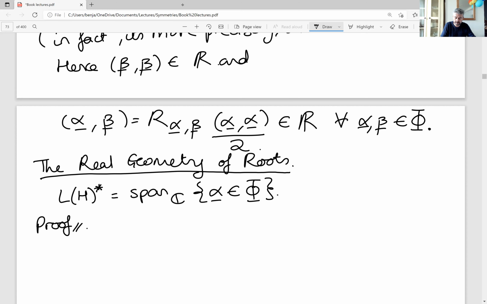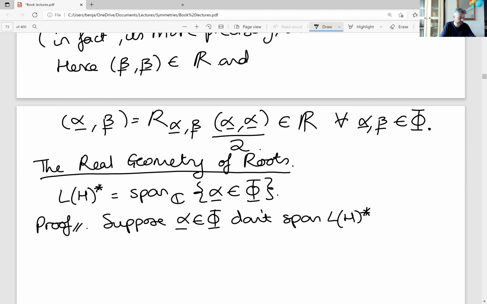Let's suppose that these alphas don't span the dual space to the Cartan subalgebra. Then we'll prove a contradiction. So if that's the case, there must exist an element of this dual space with a 0 inner product.